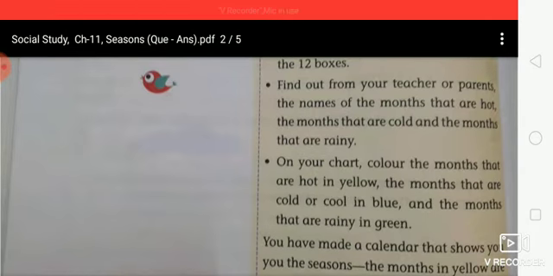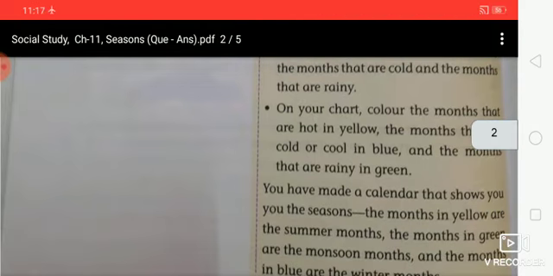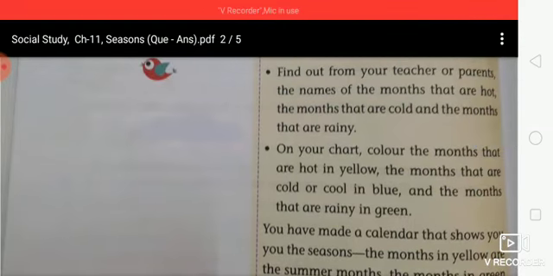That means January and February in blue. And the months that are rainy in green: June, July and August. Okay, you have made a calendar that shows you the seasons.